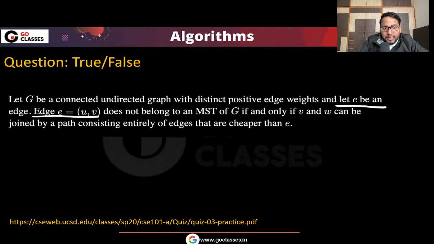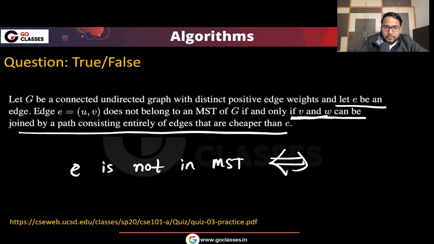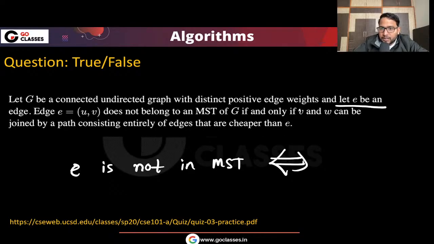Edge E does not belong to an MST of G if and only if, so they have given a very strong condition, they are saying E is not in MST if and only if U and V are joined by a path consisting entirely of edges that are cheaper than E. Okay, I think this is U and V.